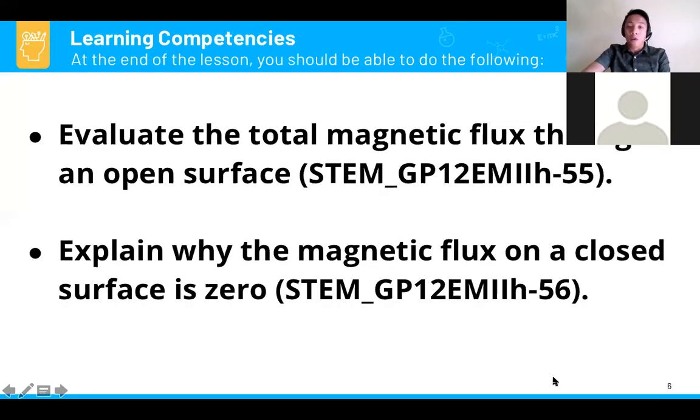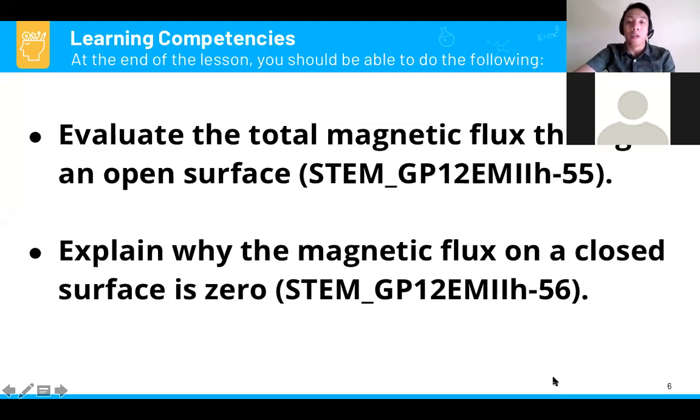So evaluate the total magnetic flux and explain why the magnetic flux on the closed surface is zero. So we have two main competencies for this one. For the objective one, which is evaluate, we need to solve. Okay, so be ready with your paper and pencil or paper and pen.